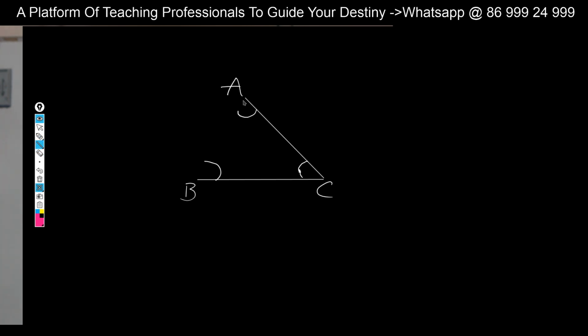So, the internal angular bisector is that line which divides the internal angle of the triangle into two equal parts.